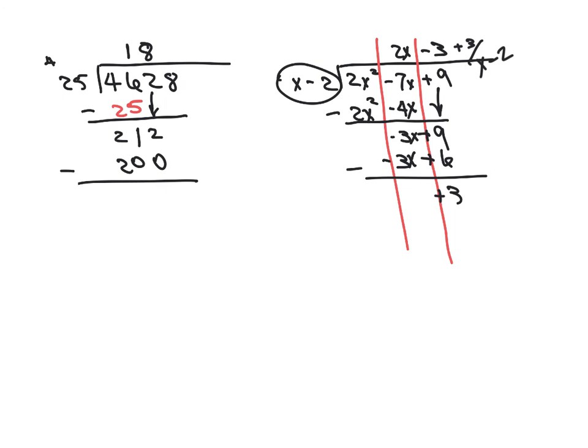So that ends up being our answer, 2x minus 3 plus 3 over x minus 2, which means that this does not divide evenly into this, or we wouldn't get a remainder. Because we get a remainder, this does not divide evenly into that. Okay, so that's how you do those.